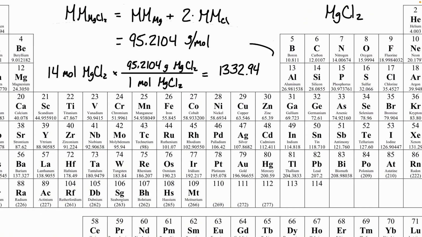2. I want everybody to take a second and report our answer here with the proper units and to the proper number of sig figs. Let's make sure that we can do that for these big numbers here. All right, so I'm going to be rounding to this hundredths place here.